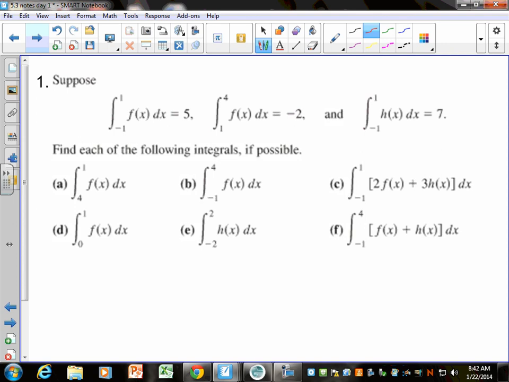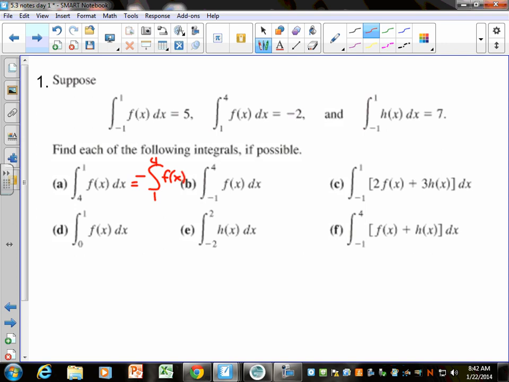So let's look at A first. A says find the value from 4 to 1 of f of x. Can we do that? We have 1 to 4. So I'm going to show you the work here, but you don't have to show me all this work on your paper. But could I say, if I pull a negative out of this, then I can switch these around and make it 1 to 4 of f of x?